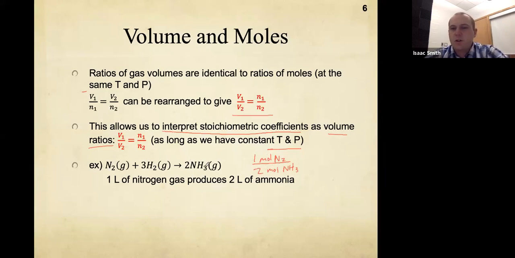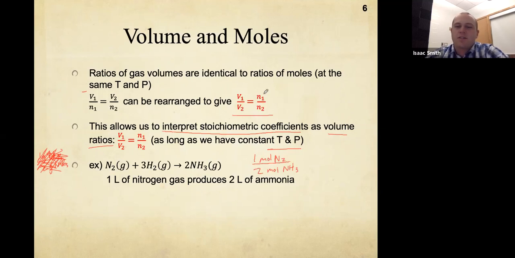This isn't true with mass, right? You can't say that 1 gram of nitrogen produces 2 grams of ammonia, right? You can't use the coefficients for mass. Make sure you don't write that down as a note and then think it was something I said was true. You can only relate mole ratios up to this point.